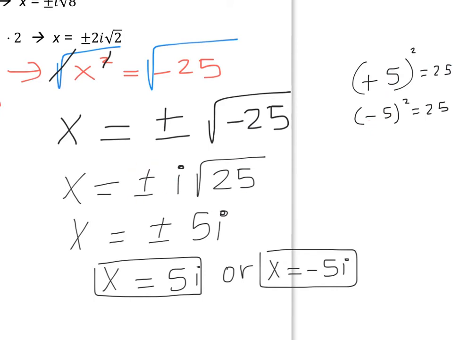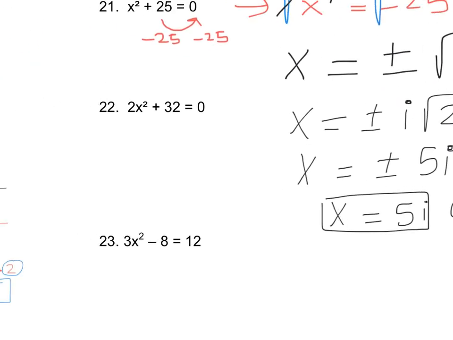So every time I'm square rooting, I should always put a plus or minus, because my answer can either be plus, and I square it, I get 25, or it can be a negative, I square it, I get also 25. Okay? So plus or minus 5. And the i is basically just the i. So I always have two different answers, as you can see. These two different answers gave me the same result, which is 25. Okay? So don't forget the plus or minus.